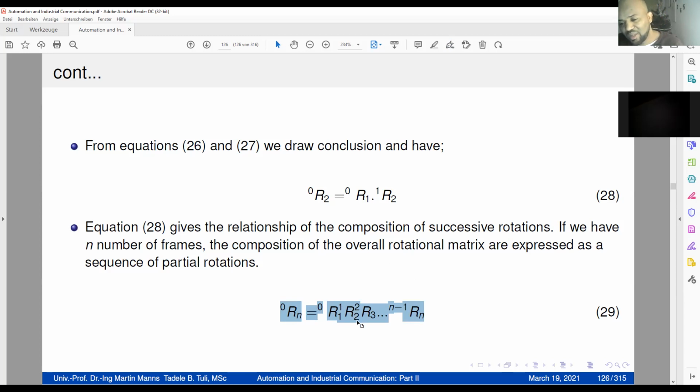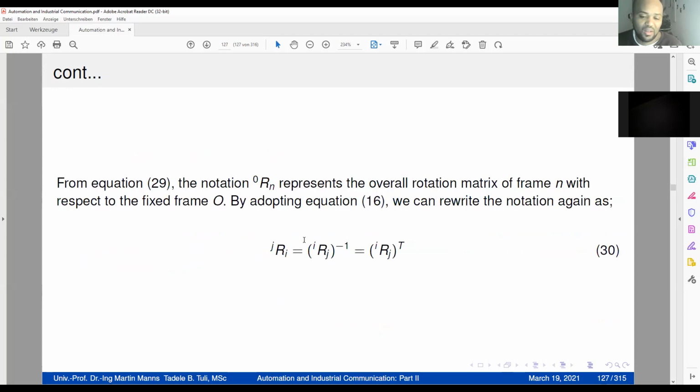So if you multiply a 3 by 3 matrix 10 times, you will get a 3 by 3 matrix at the end. It doesn't matter, finally you will have a 3 by 3 matrix. This 3 by 3 matrix will be multiplied by a 3 by 1 vector, and then you get a 3 by 1 vector, which is a position vector. Now I think this is what I was telling you about the rotation matrix.